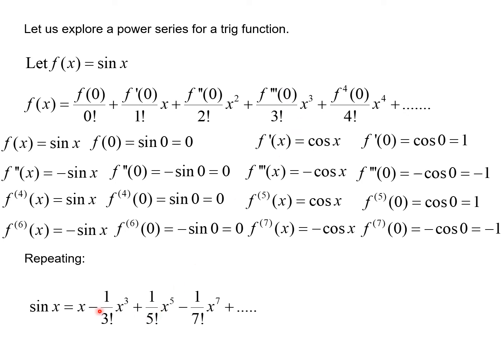Next, you have no value for f4, but you have a value for f5, which is 1 over 5 factorial times x to the 5. And for x to the 7, it will be negative 1 over 7 factorial x power n, which is 7.